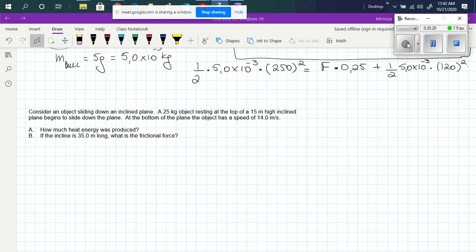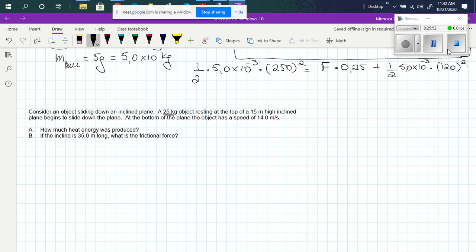So now let's see another example. We are considering an inclined plane where a mass of 25 kilograms is at rest at the top of a 15 meters height, sliding down. At the bottom of the plane, the object has a speed of 14 meters per second.